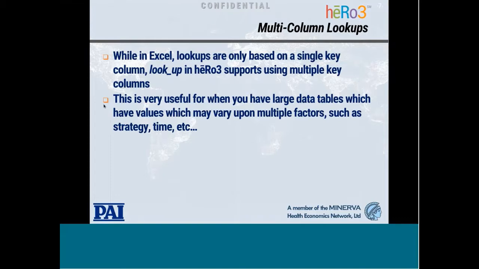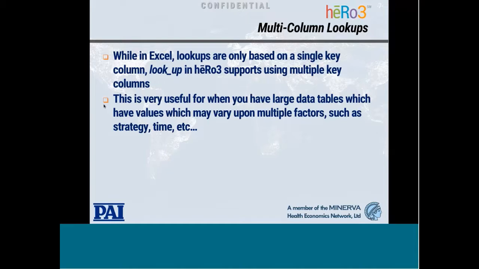So another important tip is multi-column lookups. In workshop number 1, we described using the lookup function in heRo, and we described it by comparing it to the VLOOKUP function in Excel. However, one key advantage that lookup has in heRo over VLOOKUP in Excel is that you can look up on multiple key columns simultaneously.